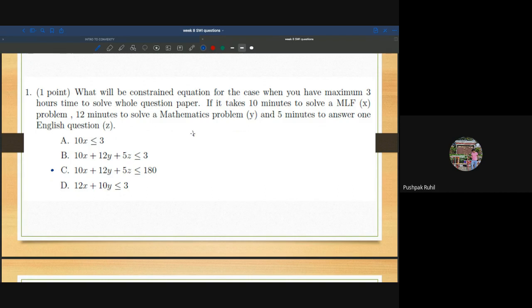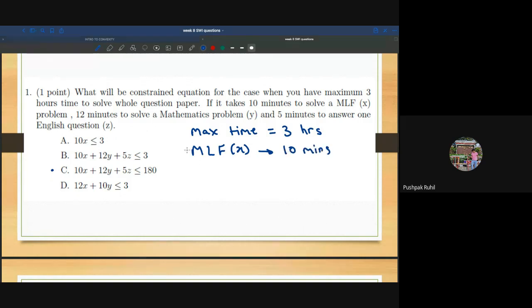So basically, max time is 3 hours, and it takes 10 minutes to solve machine learning foundations problem. So for MLF, which we are denoting with X, it takes how much time? It takes 10 minutes.